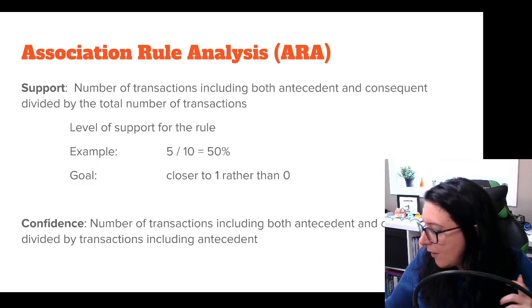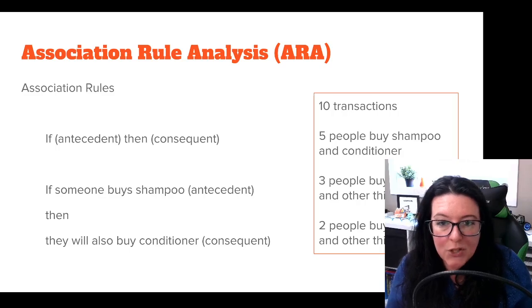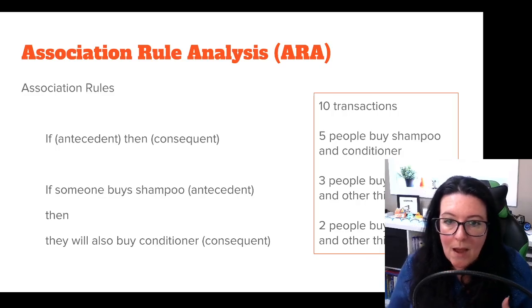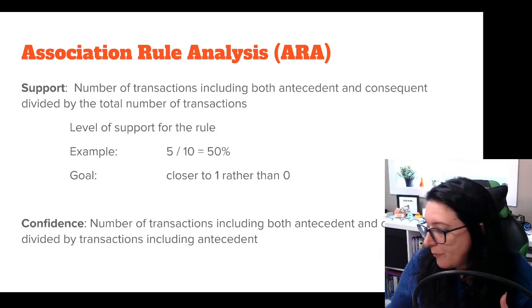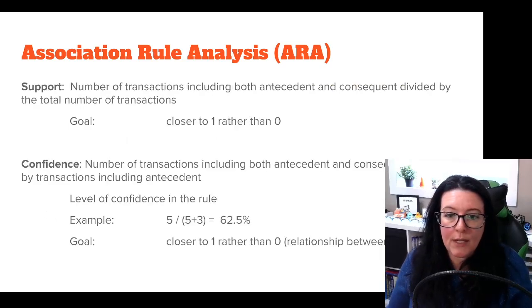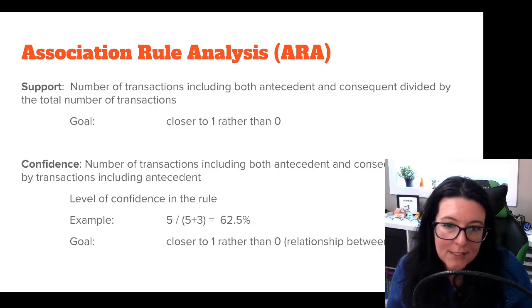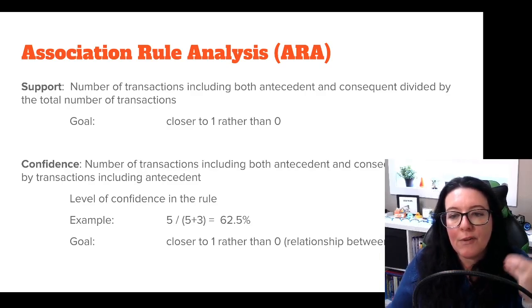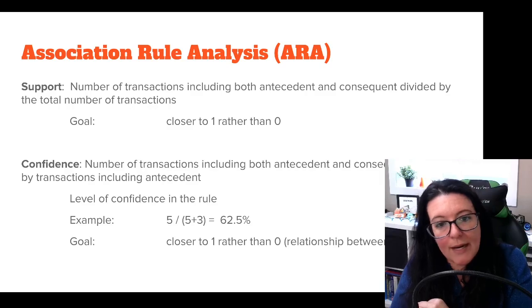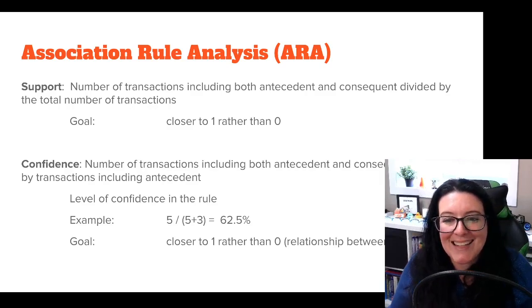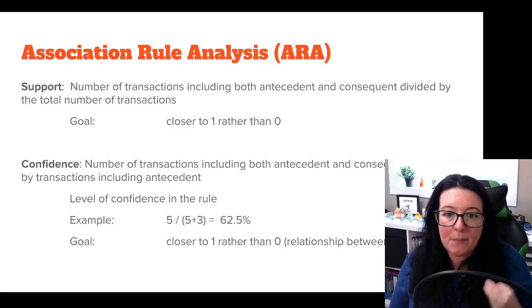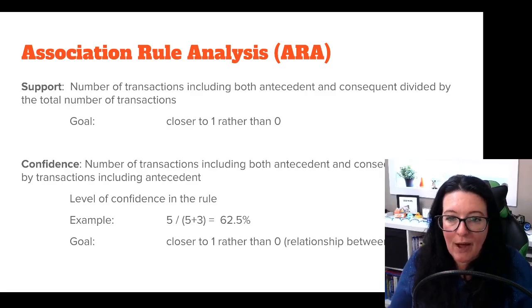In our scenario, we had 10 transactions, 5 people bought shampoo and conditioner, and then we had 3 times where people bought shampoo and they bought other things but no conditioner. So for our confidence calculation, we have 5 transactions with both shampoo and conditioner, and then we have 5 plus the 3 that include the antecedent. So those are the times they bought shampoo. So 5 divided by 8, we get 62.5%.